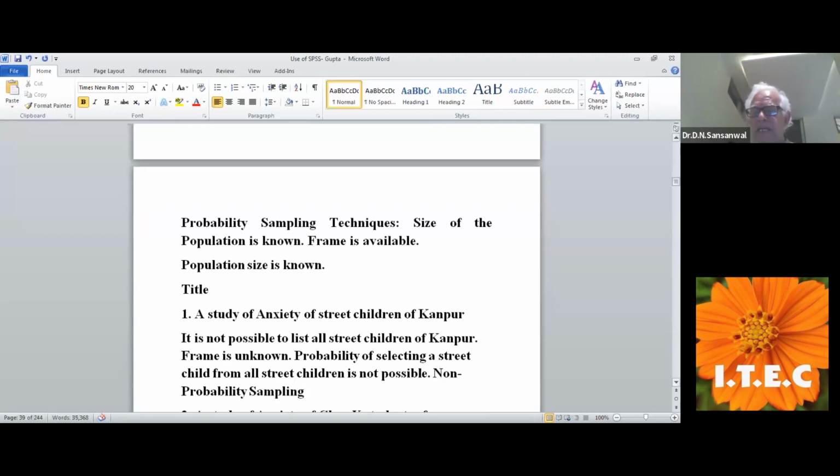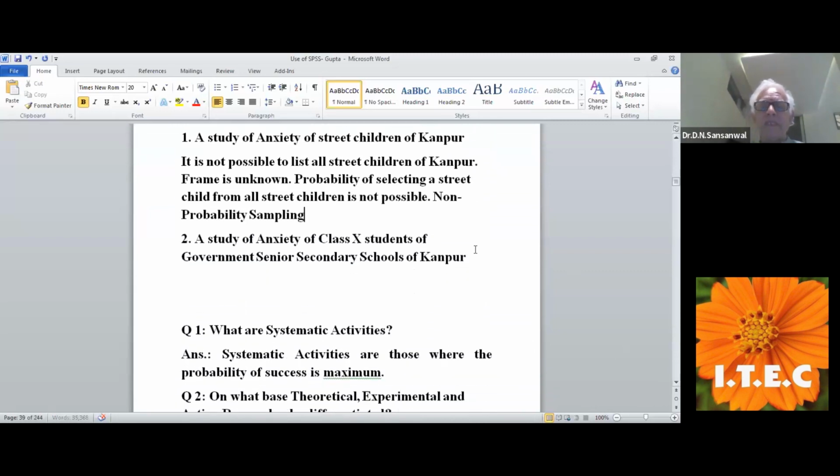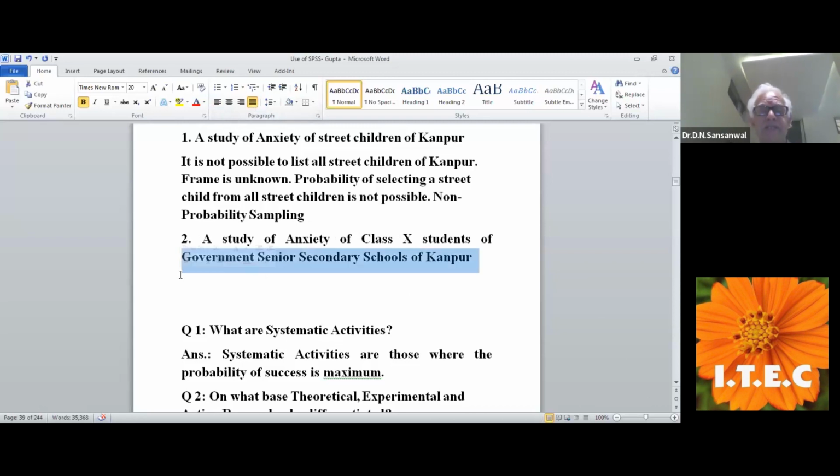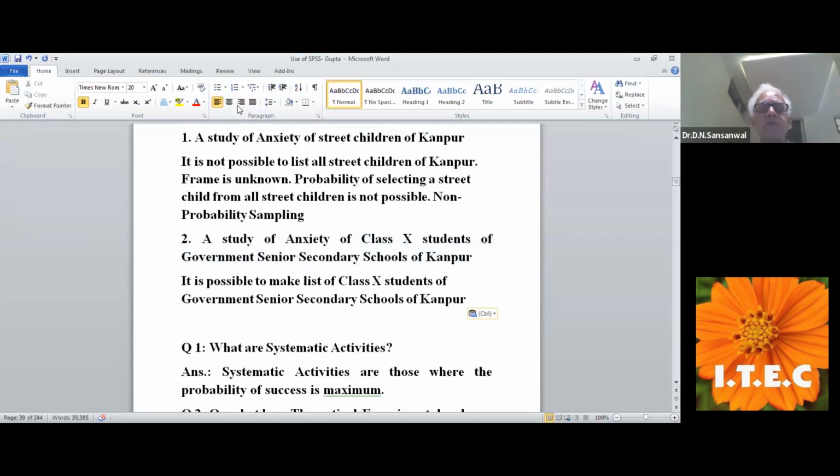But in the second case, it is possible to make the list of class 10th students of government senior secondary schools of Kanpur. That means the frame is available.